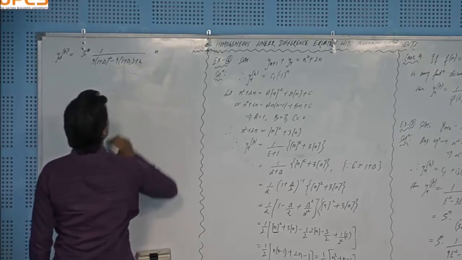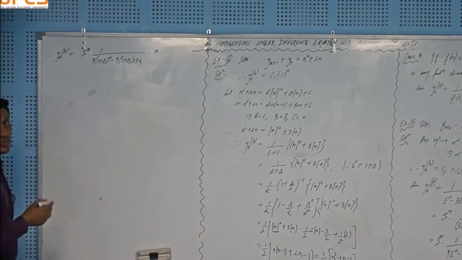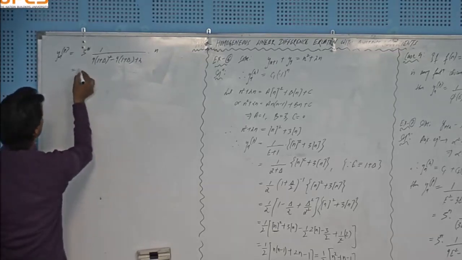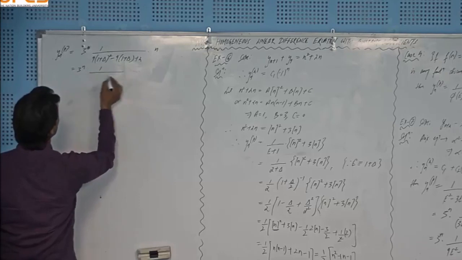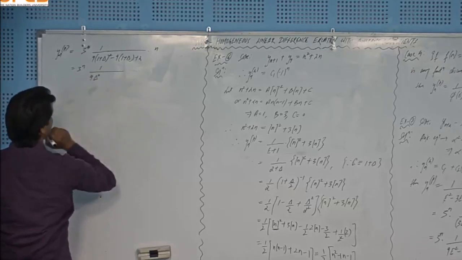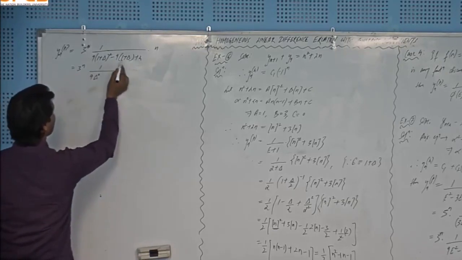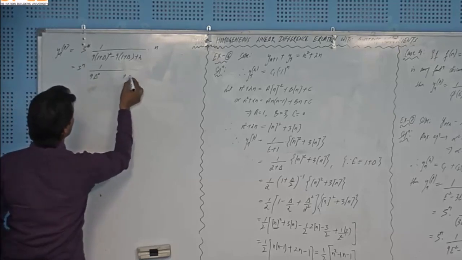And here I have n, right? Since E is equal to 1 plus delta, and then 3 to the power n, on simplifying it will give you 1 over 9 delta square, right? And then 9 and 9 will be cancelled, but 2 will be there, okay?